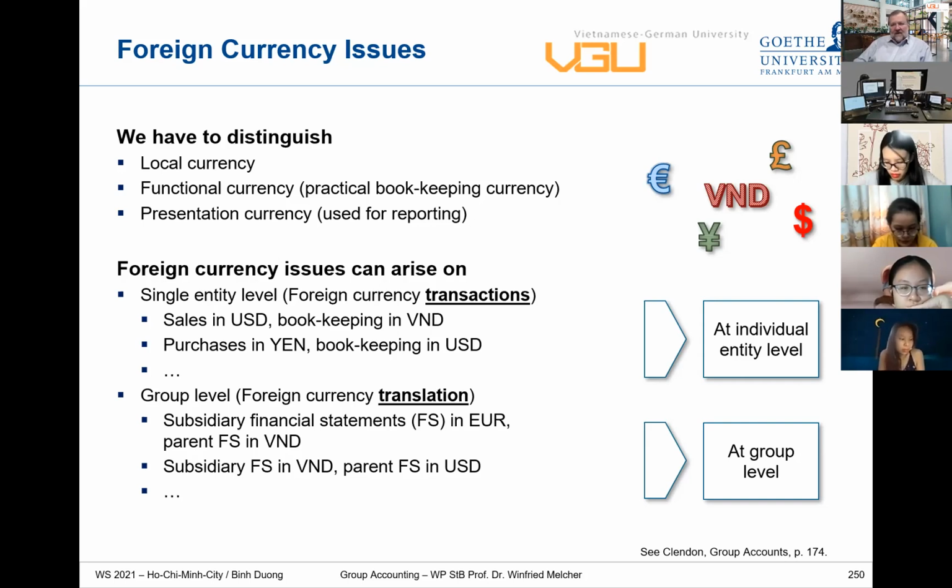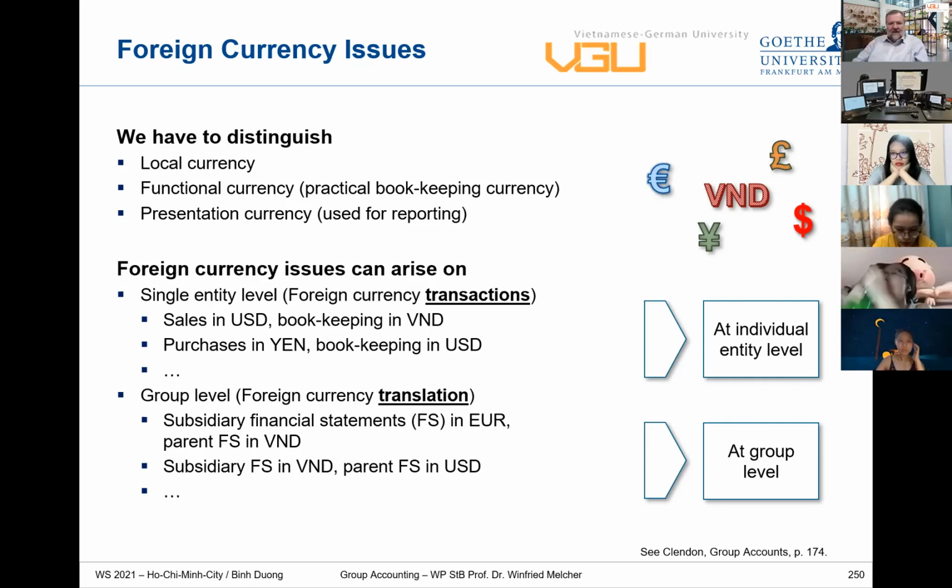So whenever we are looking at the individual entity level, when we have foreign currencies involved, then we are talking about a transaction that is performed in foreign currency. Okay, so that is different from local currency. And well, we also have presentation currency. So that is the one used for reporting. And we have a functional currency that is the practical bookkeeping currency.